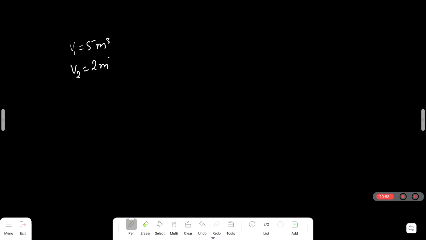Pressure and volume are related by the equation P equals 20 by V plus 2. So you'll get the pressure in terms of Newton per meter square.